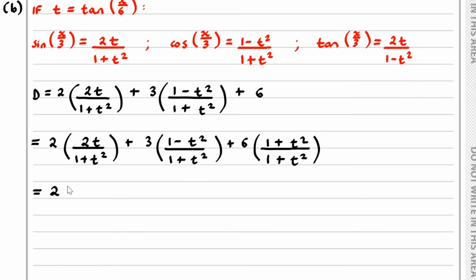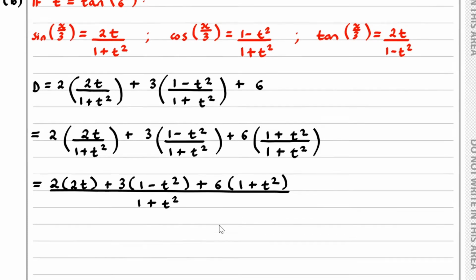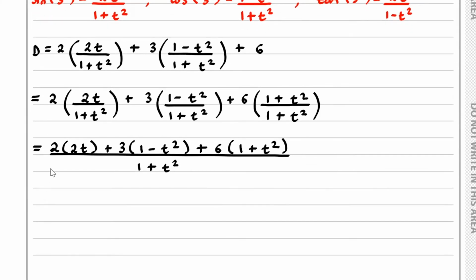So we've got 2 lots of 2t plus 3 lots of 1 minus t squared plus 6 lots of 1 plus t squared, divided by 1 plus t squared.